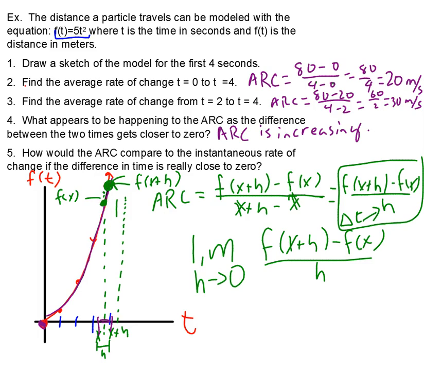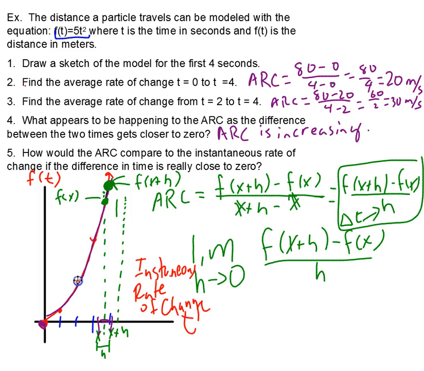And so instead of being the average rate of change between 2 points, wouldn't it be the rate of change of just 1 point if h is assumed to be 0? So I can actually go from an average rate of change to an instantaneous rate of change using this limit idea, as long as h is approaching 0. Okay, that makes sense?